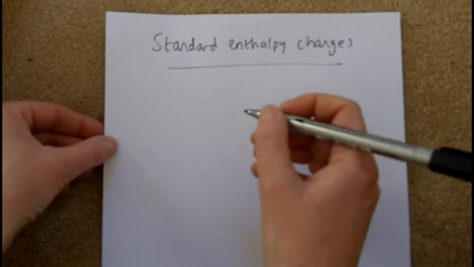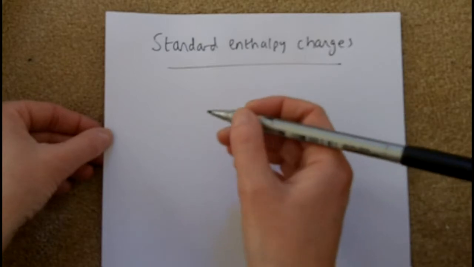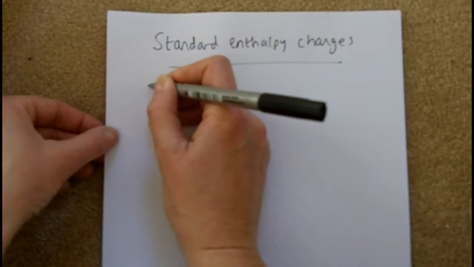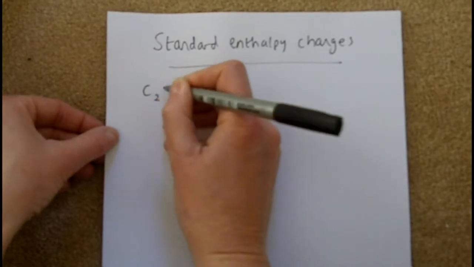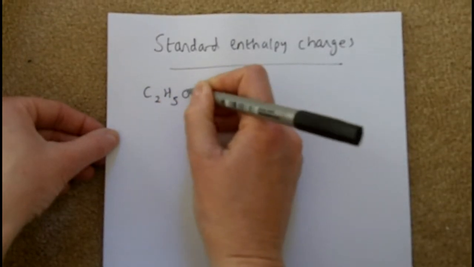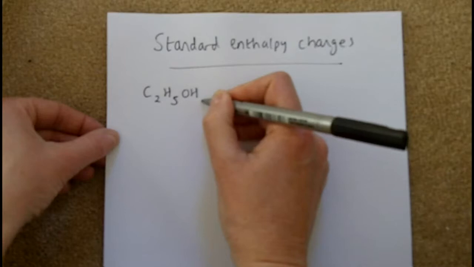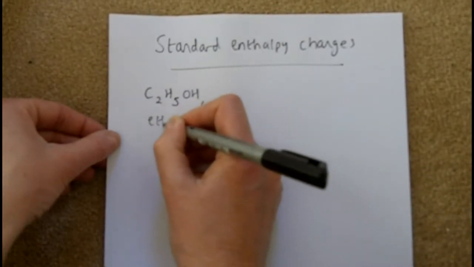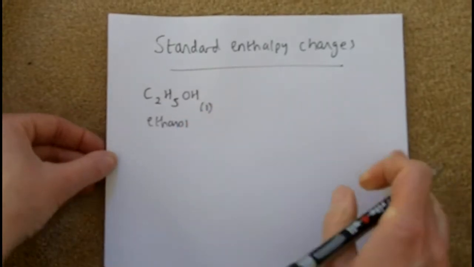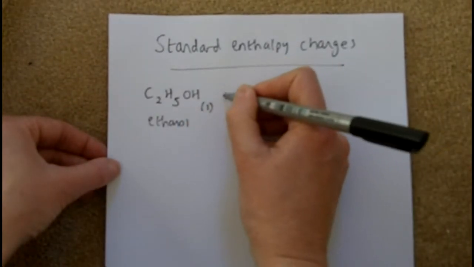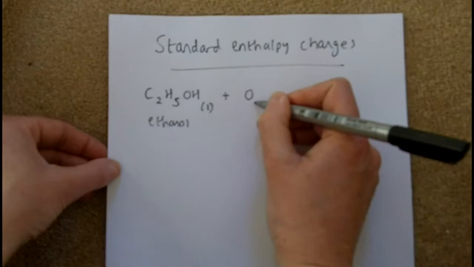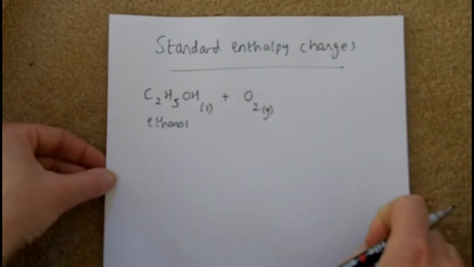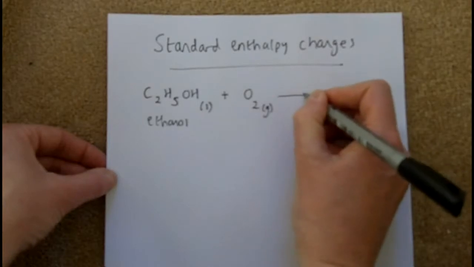So if we take some chemical, for example ethanol. Now ethanol has a formula. That's the formula of ethanol, and at room temperature ethanol is a liquid. Now if we combust ethanol in oxygen, standard state is gas, what are we going to make?